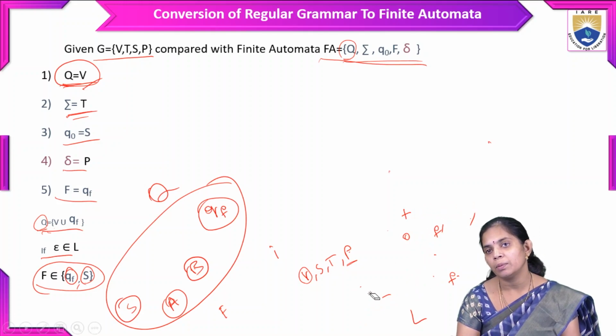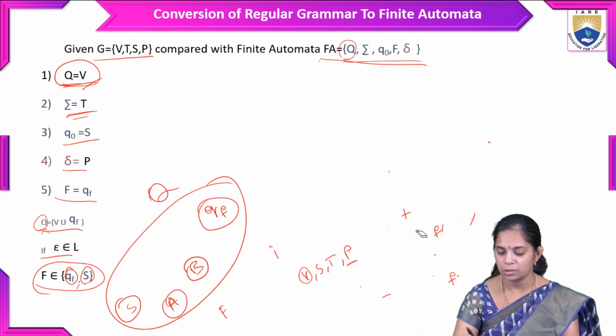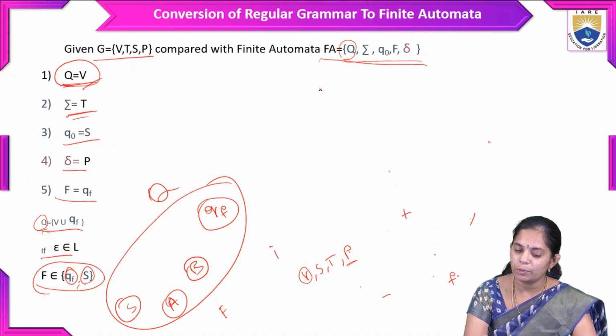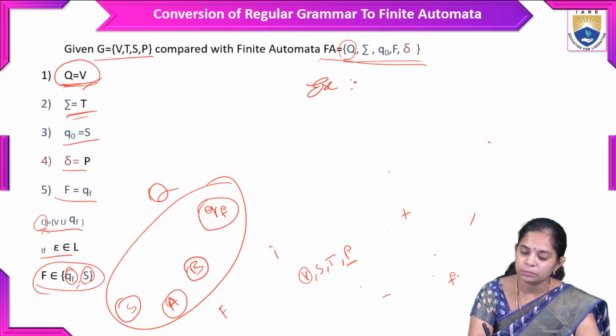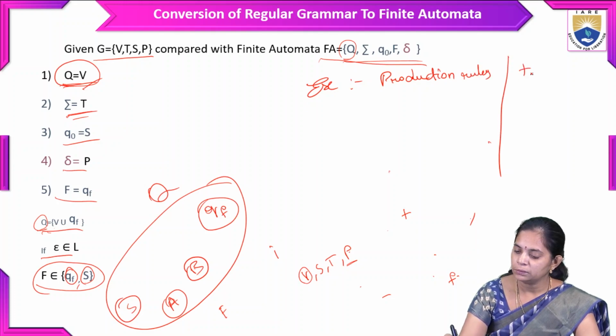and then we will take one example and convert the production rules into a transition. So here we need to take production rules.